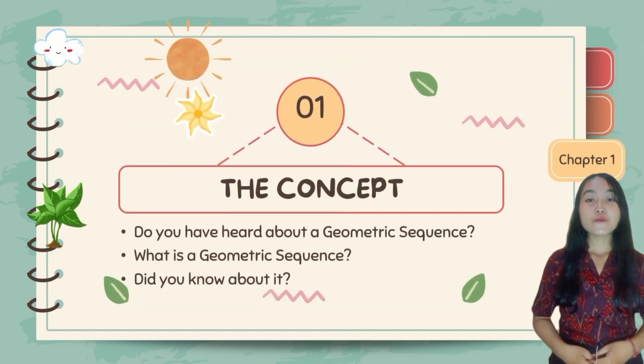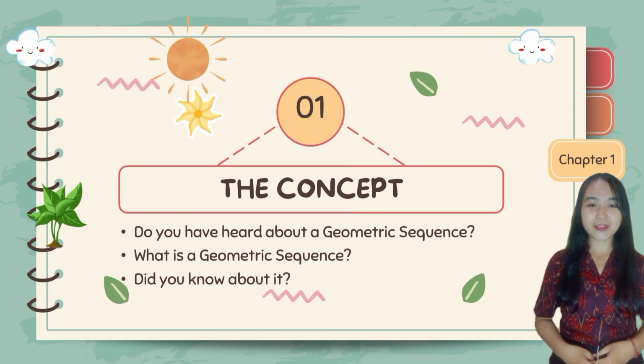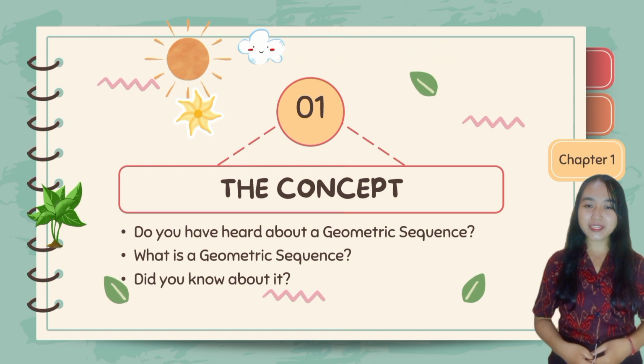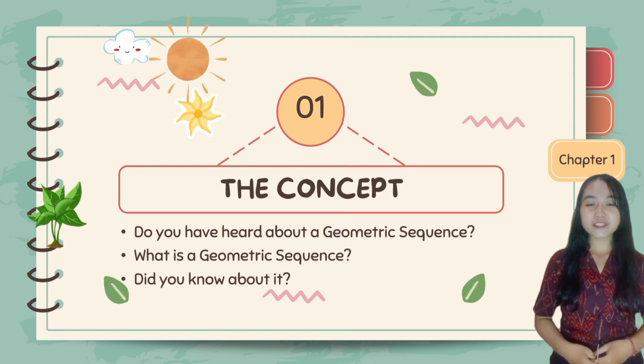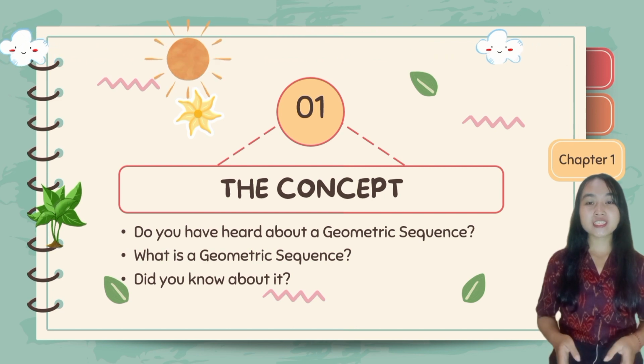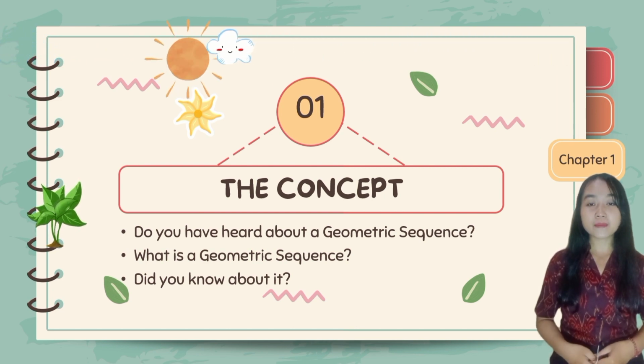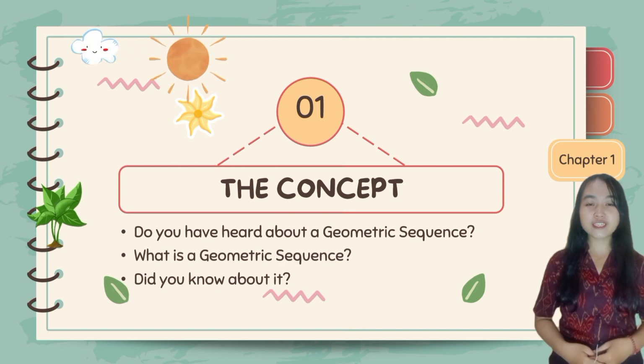Okay, first, we will learn about geometric sequence concept. Have you ever heard about geometric sequences? A geometric sequence is a special type of sequence. It is a sequence in which every term except the first term is multiplied by a constant number to get its next term.